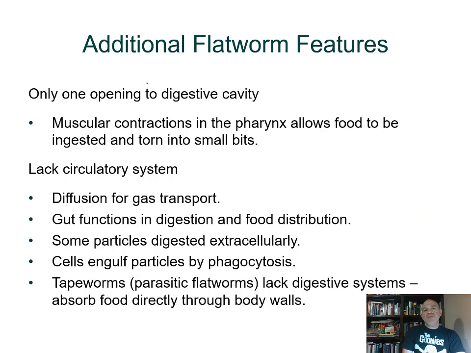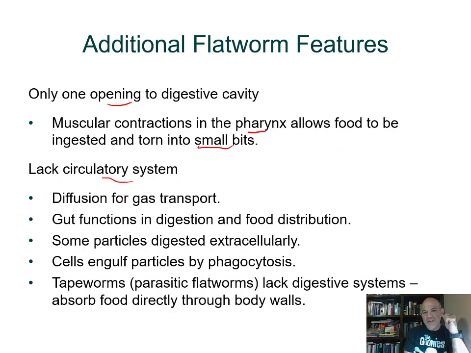Again, they only have one opening for the digestive cavity. They have muscular contractions of the pharynx, and you'll see that pharynx working on the video I include. So you download it, you can play it yourself as well. It's set up to immediately connect to YouTube and have that video clip play of them. So that food is brought in and then broken down into small bits within that primitive gut.